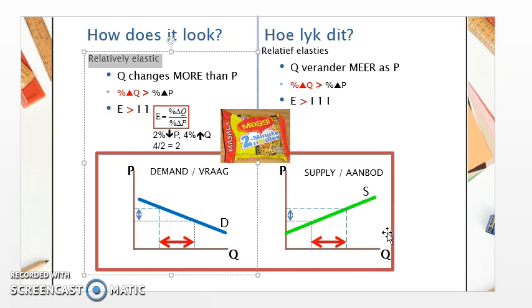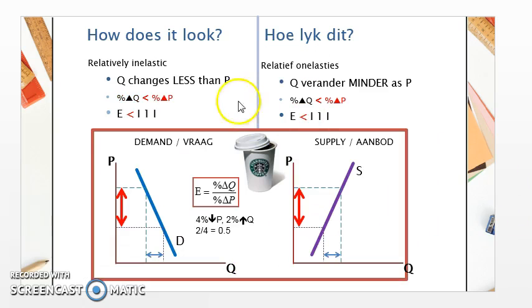Or, explained differently, a small change in price will have a big percentage change in the quantity demanded or supplied. Relative inelasticity means that a big change in price will have a relatively smaller change in quantity. So the change in price is bigger than the change in quantity.